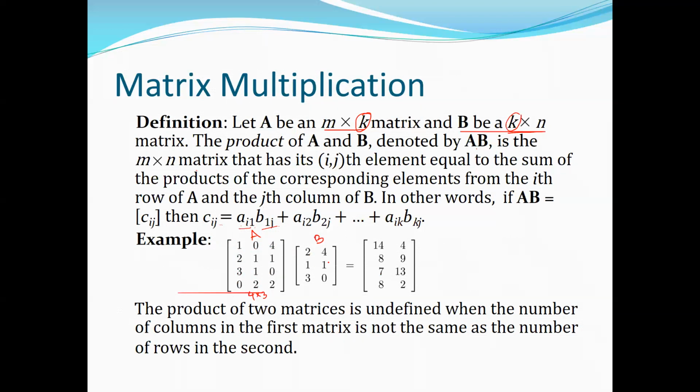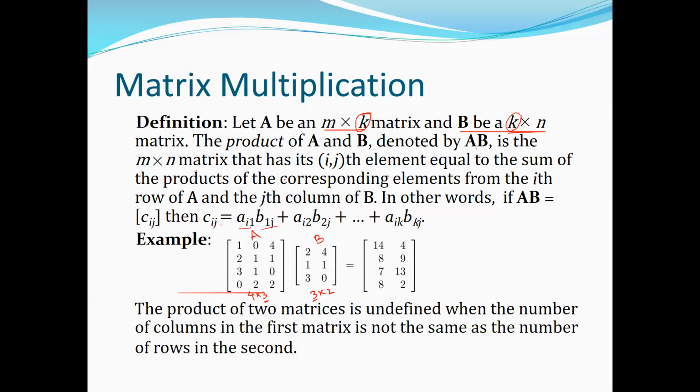And what is the size of this matrix? That is 1, 2, 3, so 3 by 2, right? We can only multiply two matrices when the first matrix has the same number of columns as the number of rows of the second matrix. Then only we can multiply. So they are fulfilling the condition, so we can multiply them.